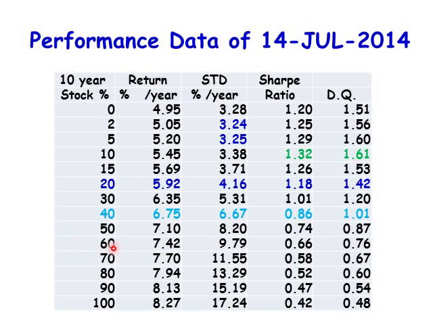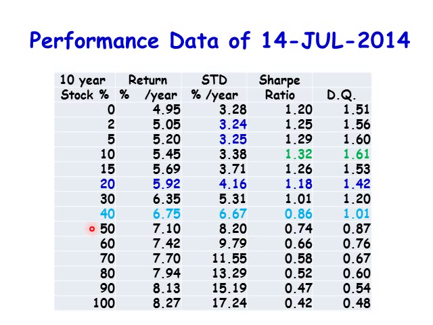This 60-40 portfolio used to be called the balanced portfolio in classical investing. It has a 7.42% per year return on the 10-year basis, ending on 14th July 2014, and the standard deviation is 9.79.